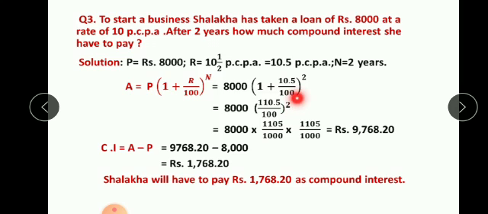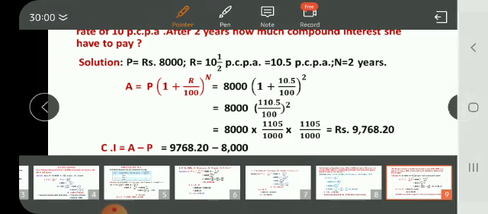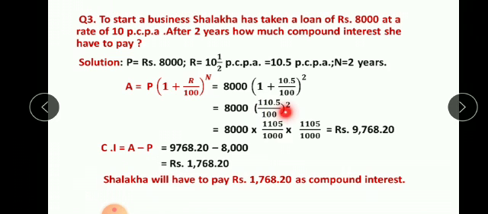Its square. Now here it is equal to 8,000 into 1,105 upon 1,000, because this decimal point we have taken out. Instead of 100 in the denominator we will put 1,000. A 0 is added after removing the decimal point.